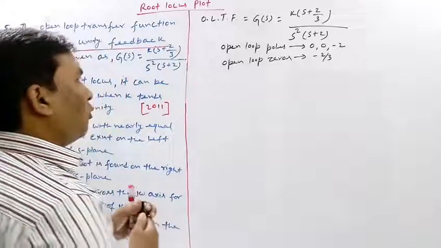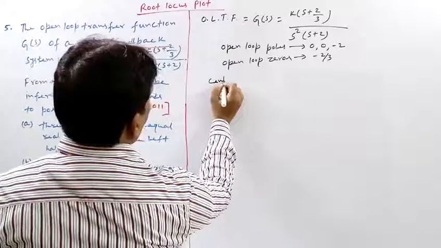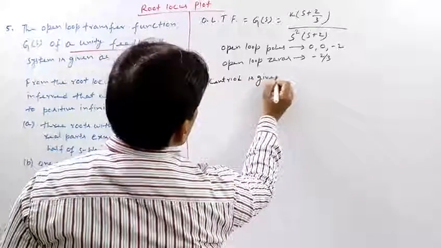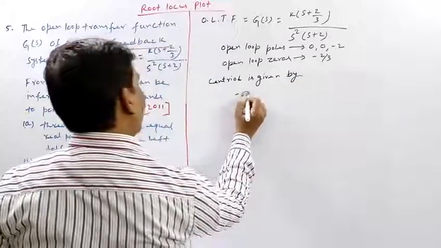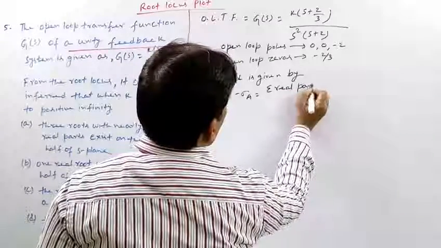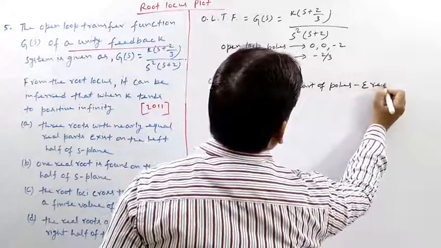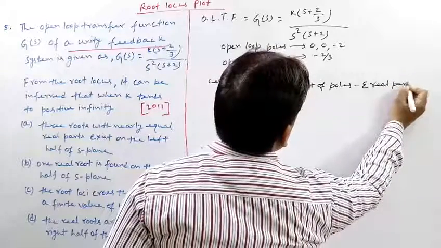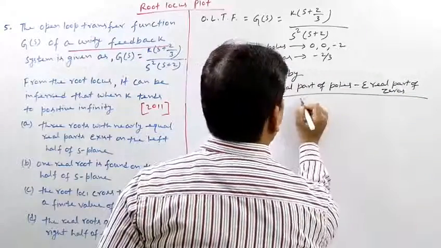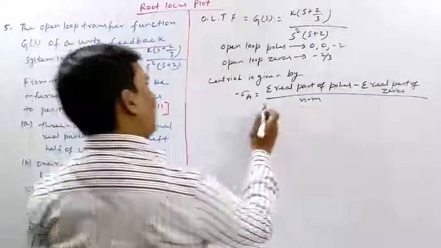So the centroid is given by sigma A, equal to the sum of real parts of poles minus the sum of real parts of zeros, divided by n minus m, where n is the total number of open loop poles and m is the total number of open loop zeros.